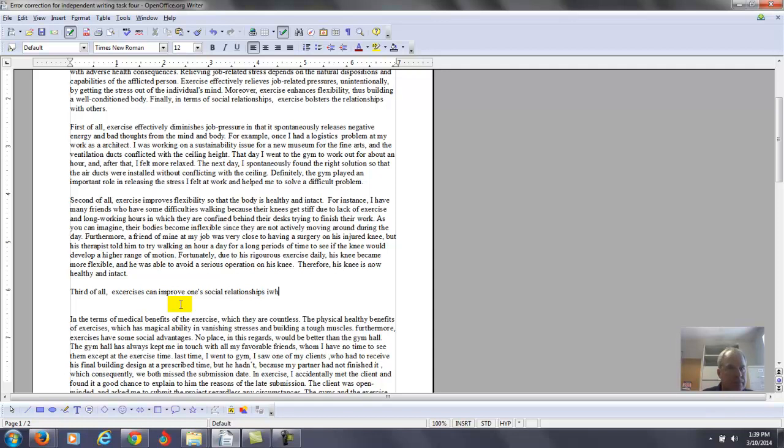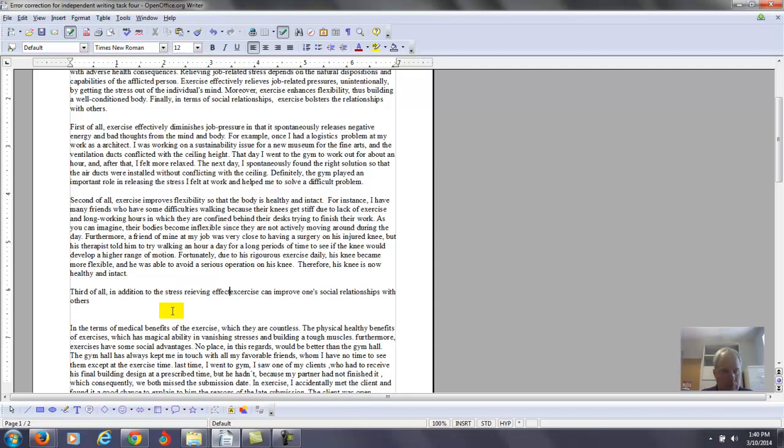Maybe what you do here is use a transition sentence. So in addition to a stress relieving effect, dry pressure, and now you have what you're trying to do here.